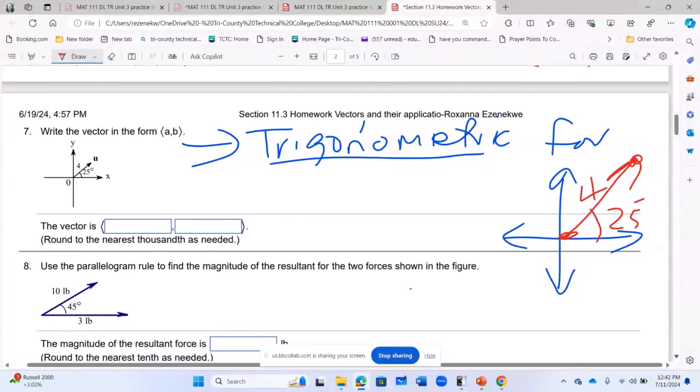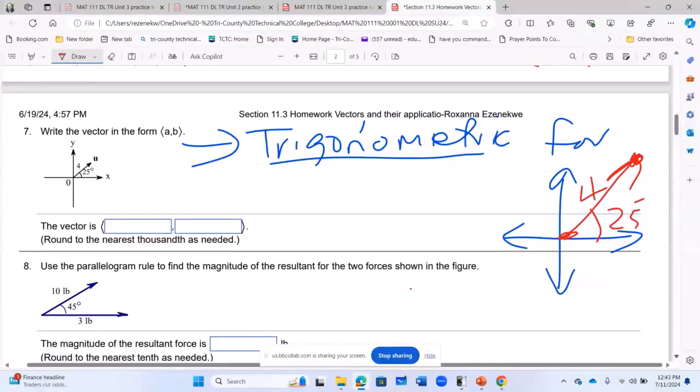I can be told to write this vector in trigonometric form. So without wasting time, this coordinate here is cosine, sine. Remember, in vectors you also use the unit circle.